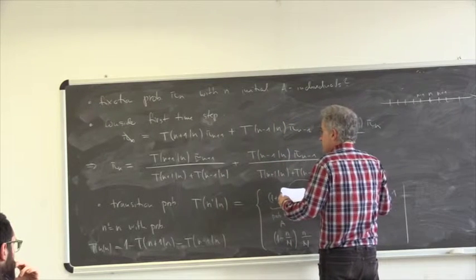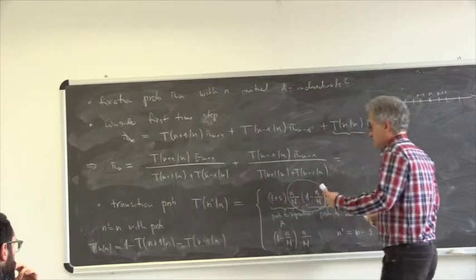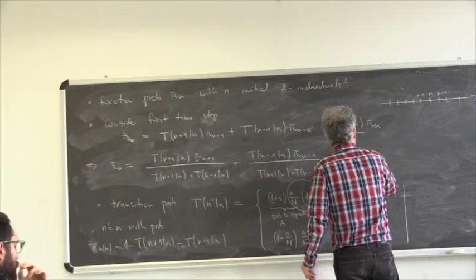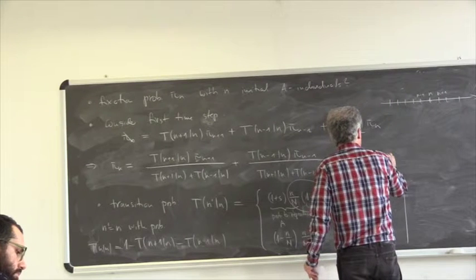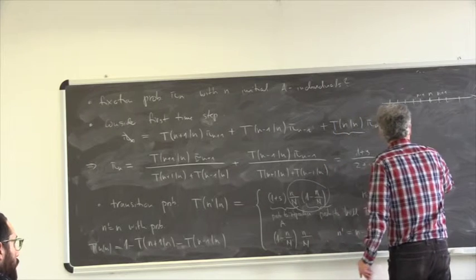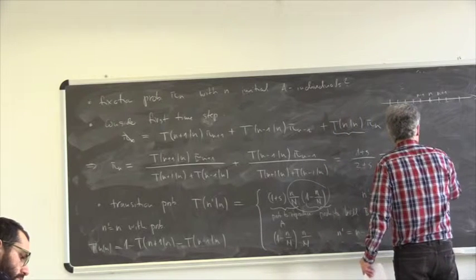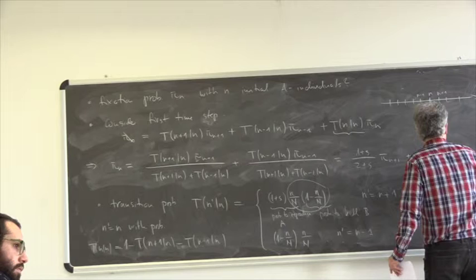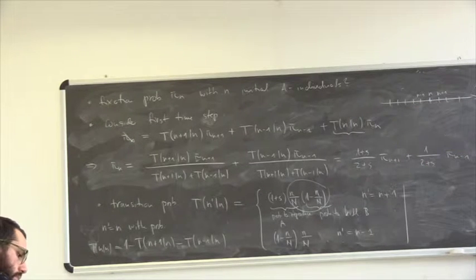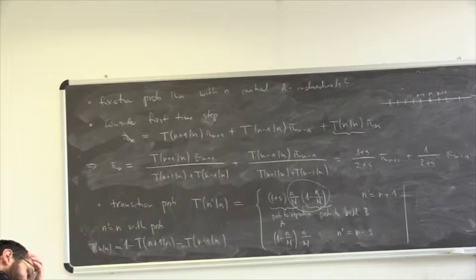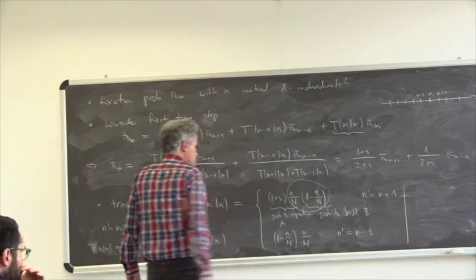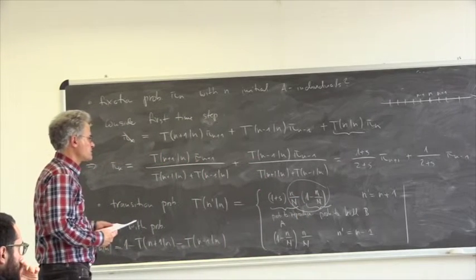So we get something like, is that right? Yes, so we get 1 plus s divided by 2 plus s times pi n plus 1 plus 1 over 2 plus s times pi n minus 1. Okay? Because the sum of these terms is just 2 plus s times this independent thing which cancels.